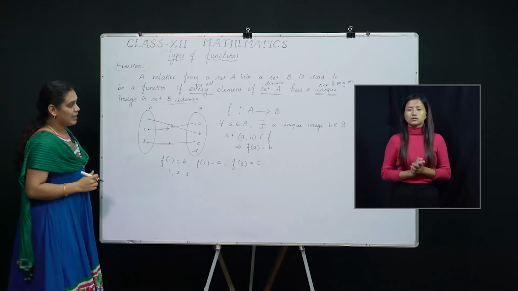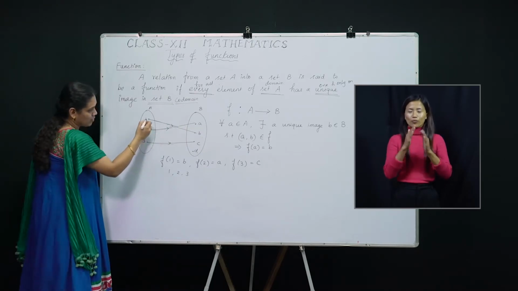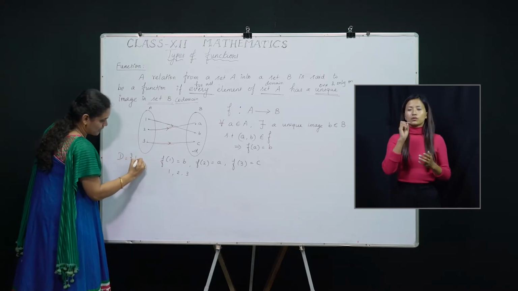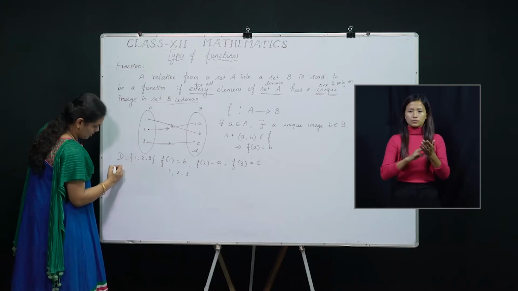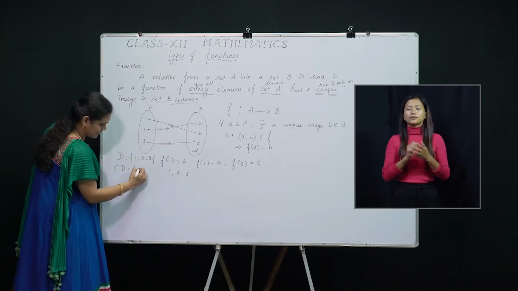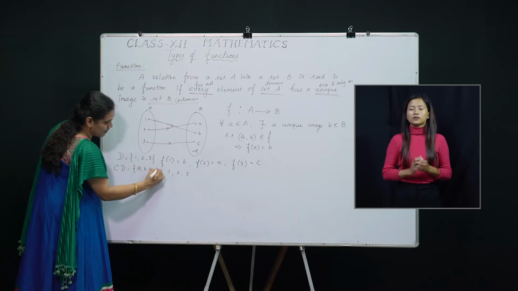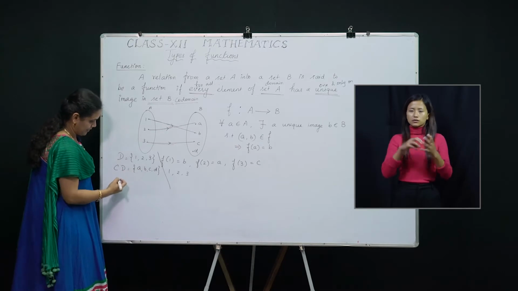Okay, already we have seen what is a domain, what is a codomain and range. Domain is 1, 2, 3, right? That is the first component. And the codomain is nothing but the set B, the entire set A, B, C, D. Whether it has mapping or not, we don't worry, we take all the elements in set B, that is codomain.